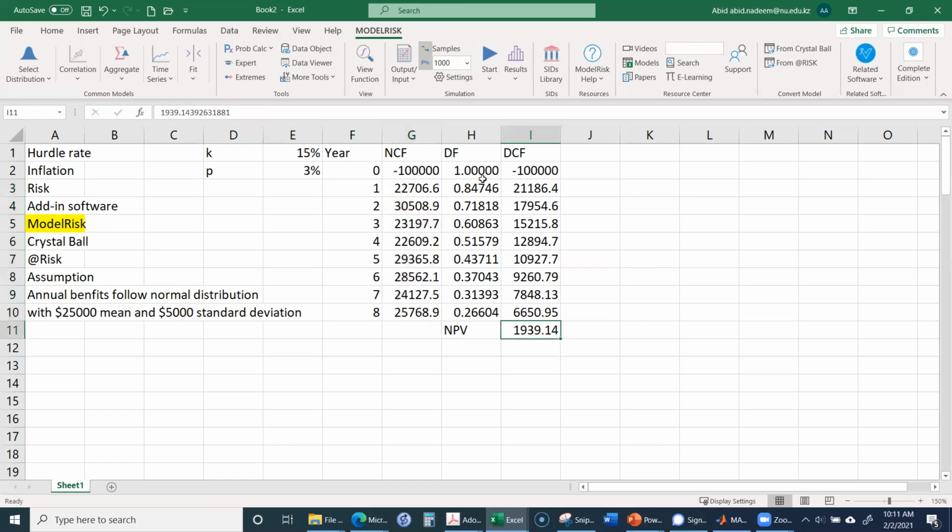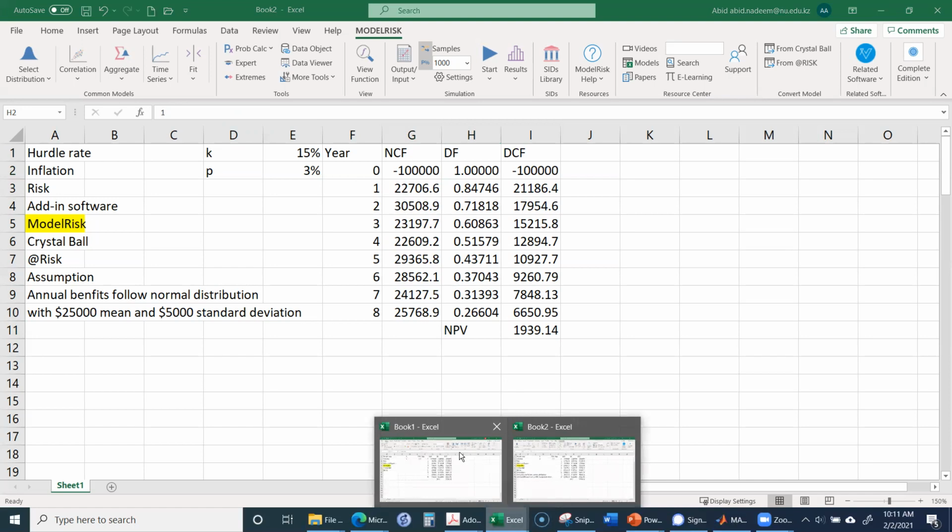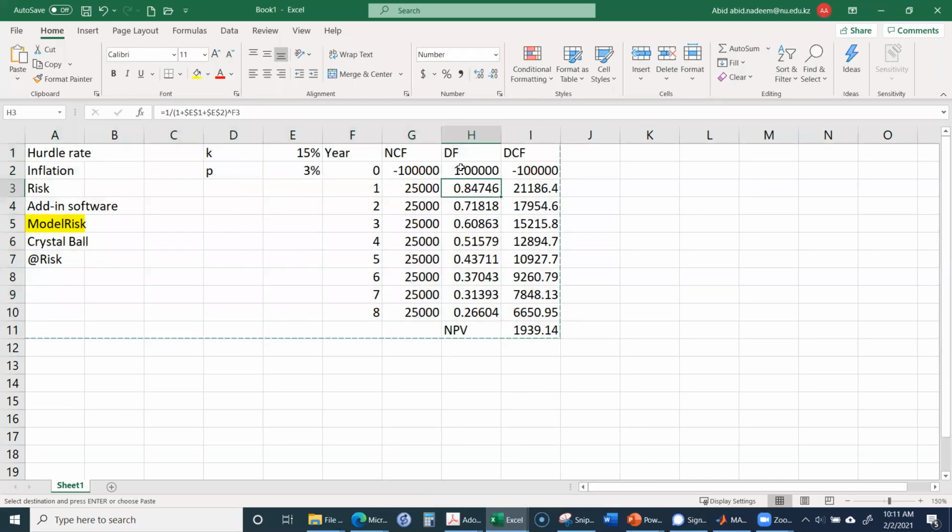Oh, I think my spreadsheet has been, maybe I can just copy this data from before.